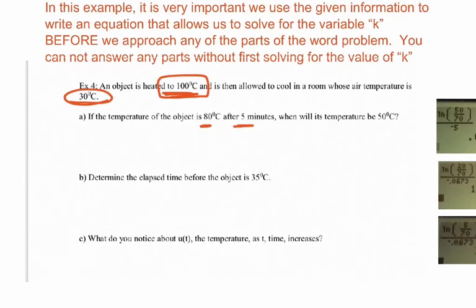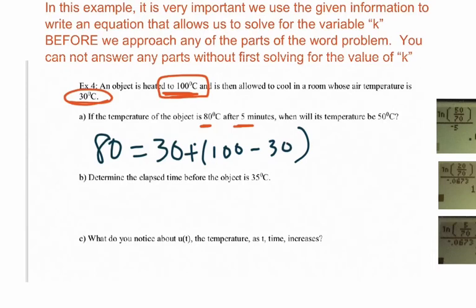So I'm going to write the formula, and it's going to be the new temperature, if the temperature of the object is 80 degrees, and by the way, it started at 30 degrees, that was the outside room temperature, and it was heated up to 100 degrees after 5 minutes.